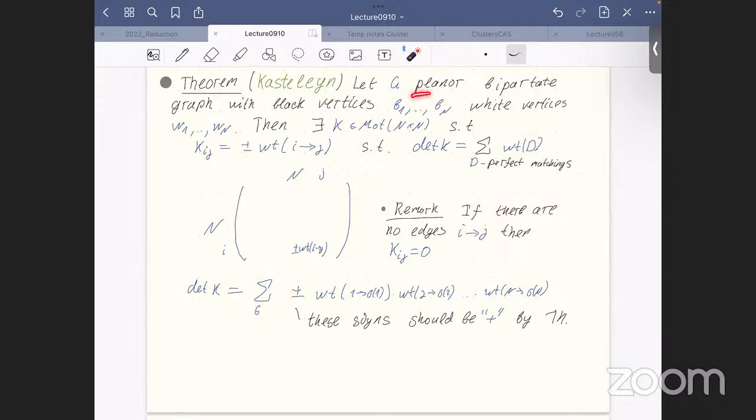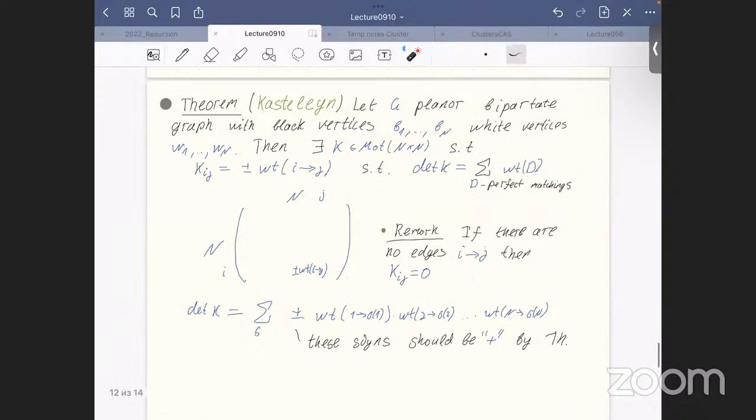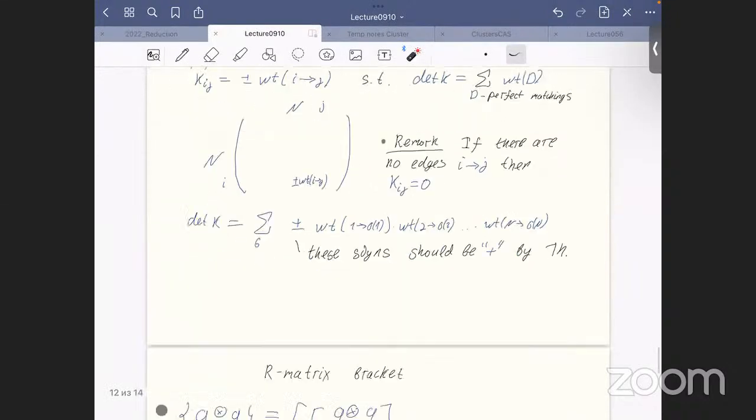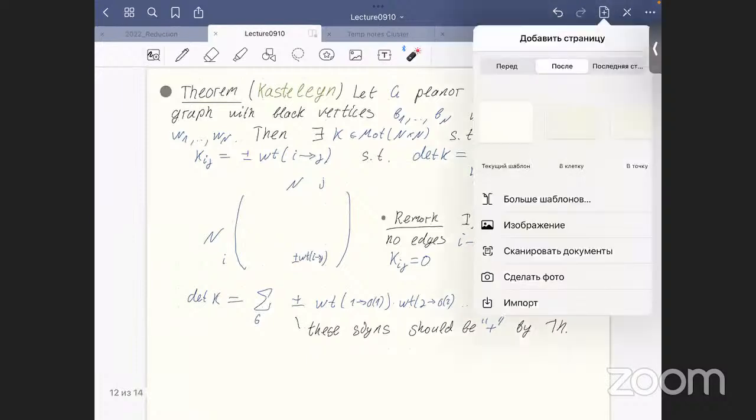And it is important that it's an embedding in the plane and not, I don't know, in a genus g surface. Any graph can be embedded on some large genus surface, but the theorem will not work. For the plane, it works. Okay. This is the Kasteleyn theorem. I will probably give a hint and leave it as a problem.